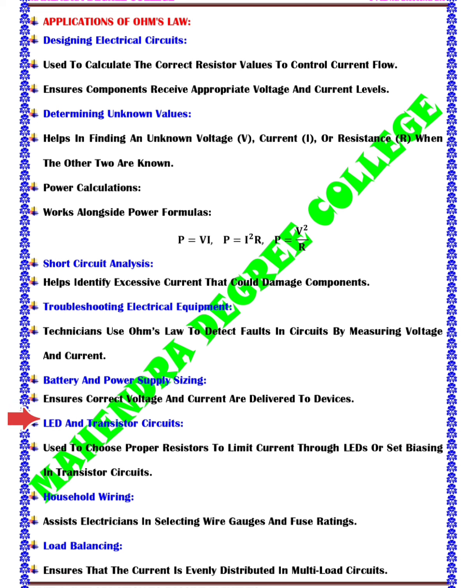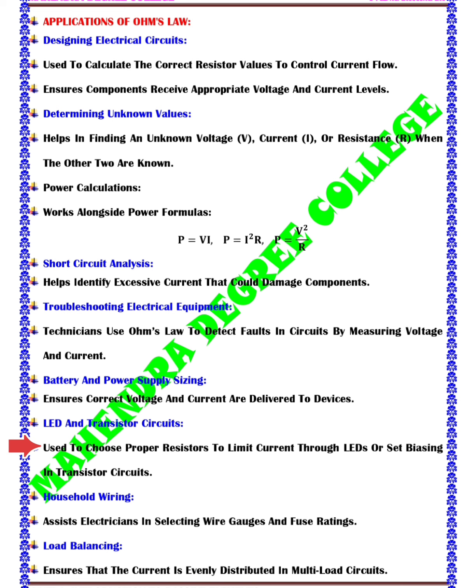Seventh one. LED and transistor circuits. Used to choose proper resistors to limit current through LEDs or set biasing in transistor circuits. It means Ohm's law, V equals IR, doesn't directly apply to LEDs and transistors in the same way it applies to resistors.